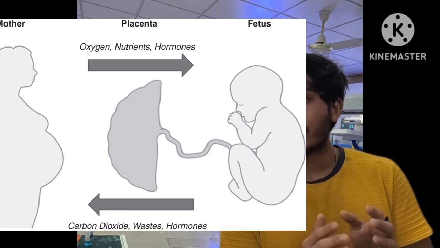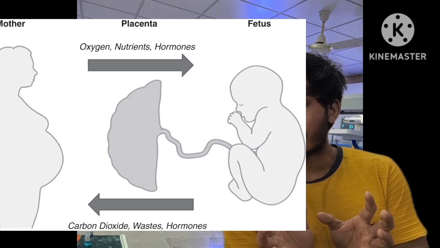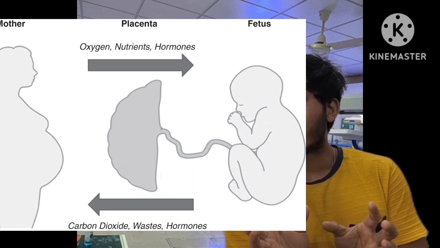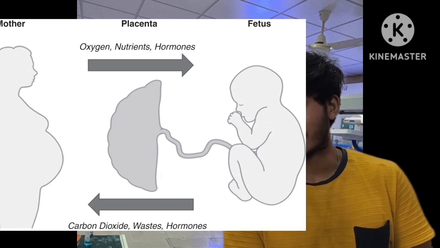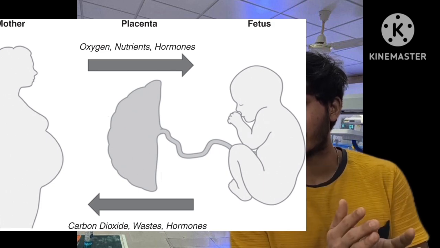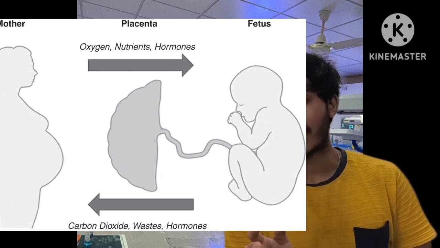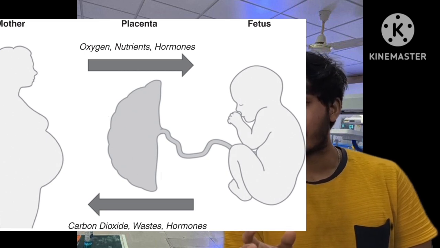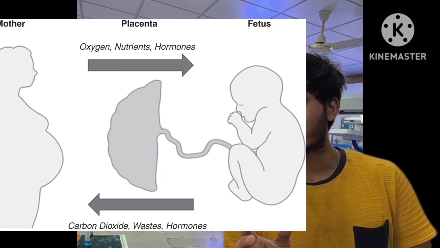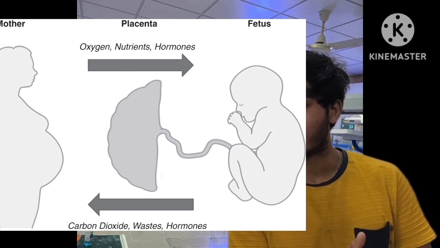And also by seeing this diagram, you can realize what the gaseous exchange is. From the mother's body, oxygen goes to the fetus's body, whereas from the fetus's body, carbon dioxide goes to the mother's body.